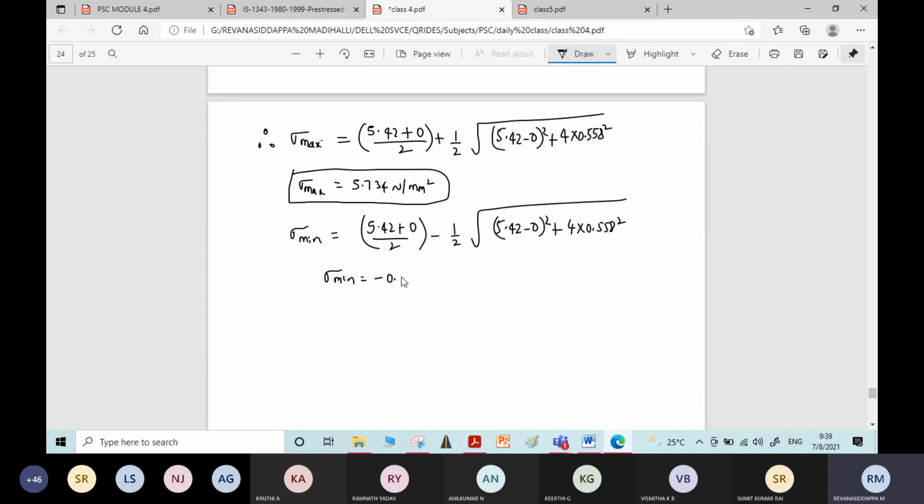Yes, minus 0.055 Newton per mm square. So this completes the problem.